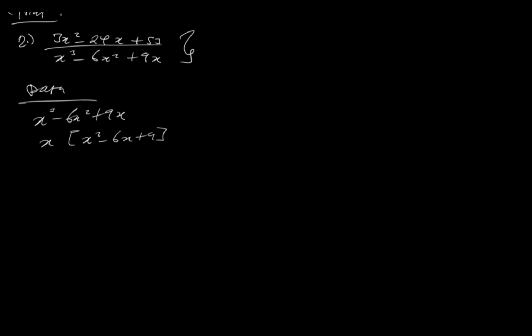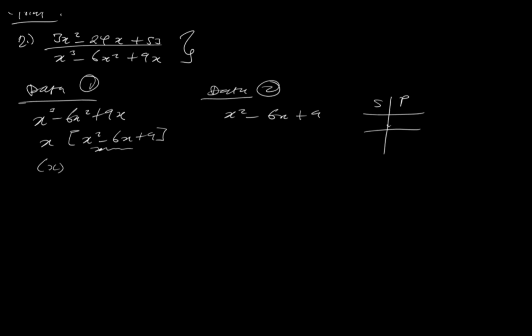Once I have that, I can also factorize this because I'm only having one factor of x. I can get x squared minus 6x plus 9 and do a sum and product. My sum is negative 6, my product is 9. So what are these numbers?